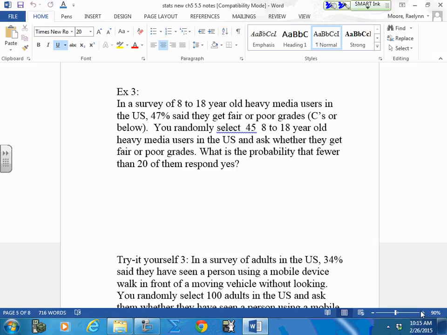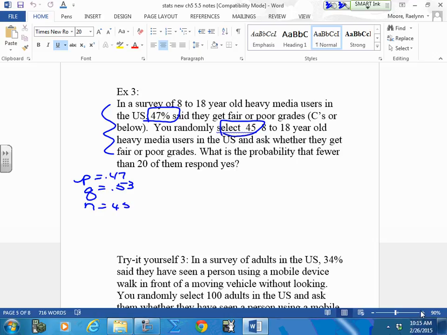In a survey of 8 to 18-year-old heavy media users, it said 47% said they got fair or poor grades. Then you randomly selected your 45, and you asked them whether or not they got fair or poor grades. This is what we did before. We tested this in one of the previous examples. We said, here's our P, here's our Q, here's our N.